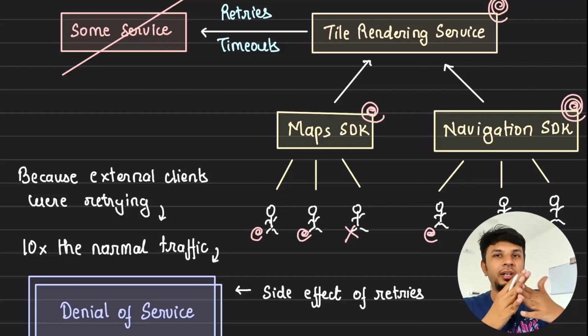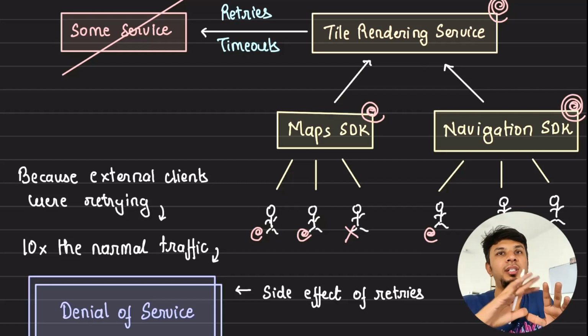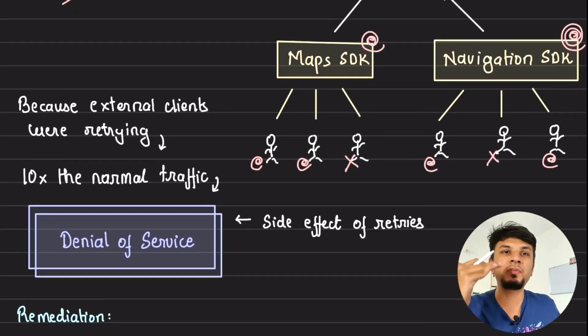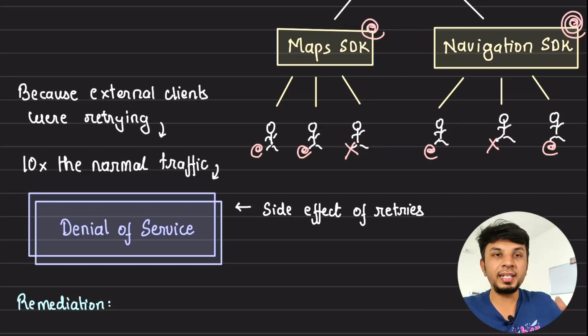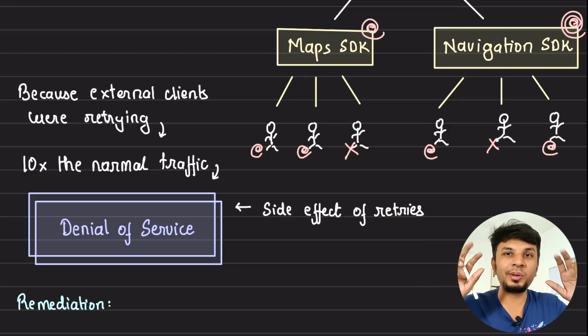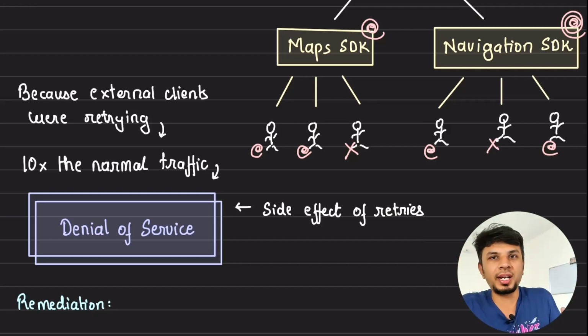Because it's very hard to differentiate between a denial of service attack and genuine traffic, and what's malicious traffic. Because it was a very sudden jump in the number of requests, a lot of retries put this service in a DoS state.